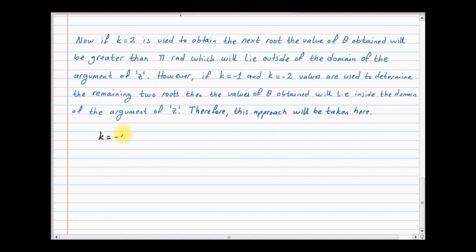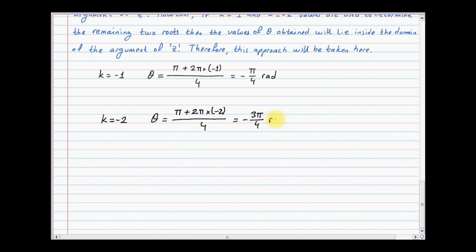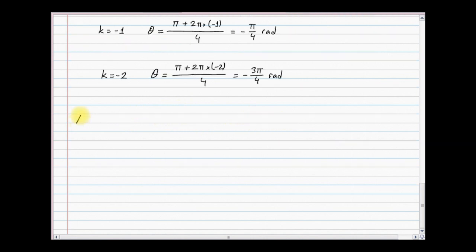For k equals -1, theta is equal to (pi plus 2 pi times -1), all divided by 4, which is equal to minus pi over 4 radians. And for k equals -2, theta equals (pi plus 2 pi times -2) divided by 4, which is equal to minus 3 pi over 4 radians.